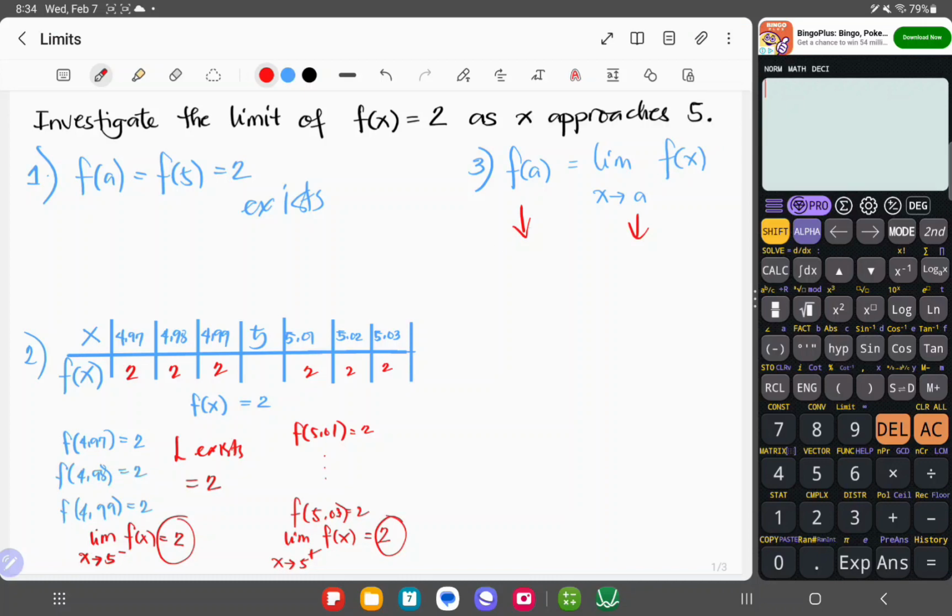In this case, the value of f of a is equal to 2, and the value of our limit is also equal to 2. We can say now that the limit of 2 as x approaches 5 is equal to 2.